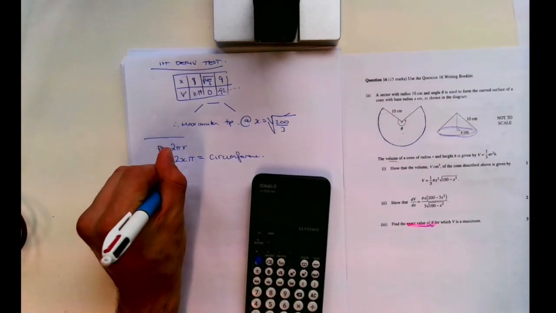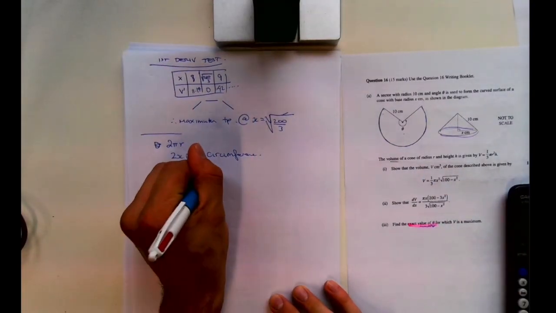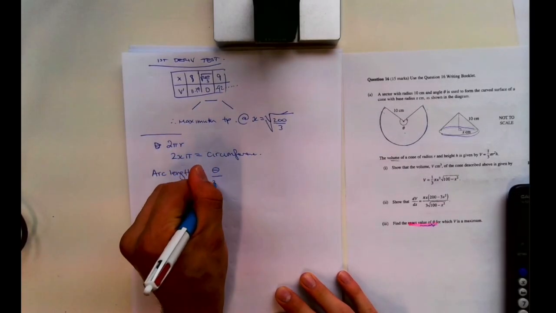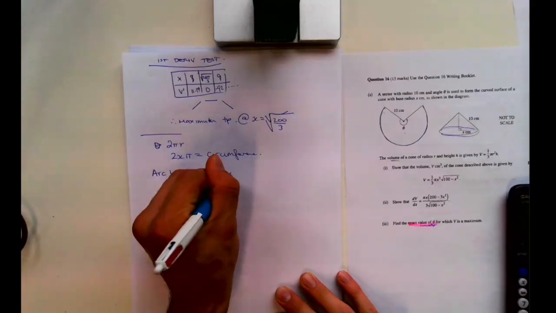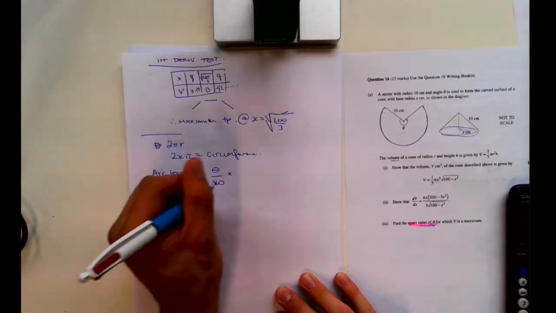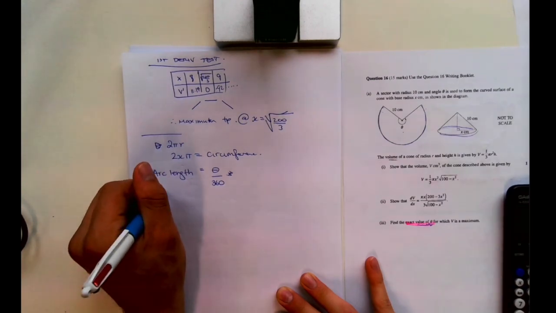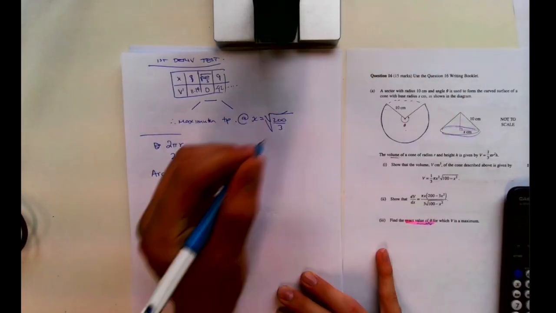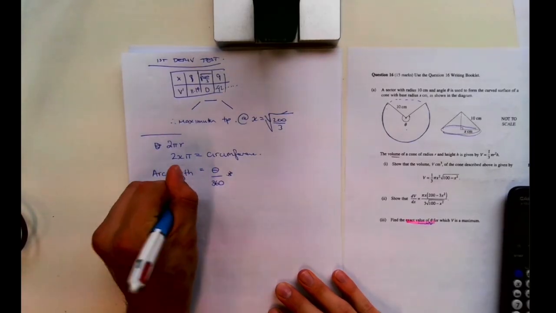And the arc length is equal to theta over 360 times whatever the circumference is. So the theoretical circumference would be equal to 20 pi, so 2 pi r.